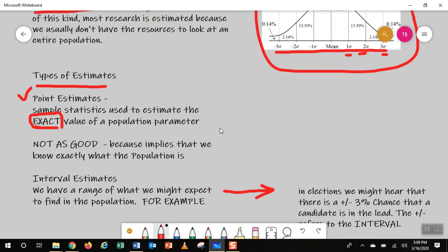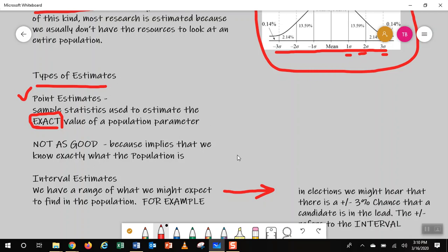So when we said a satisfaction survey for COD, we asked maybe our class, and then we could estimate that those 30 students from our class represent the overall satisfaction of COD. But if we just took that exact number and said this is it, then we're likely not going to get it exactly right, because the exact value isn't going to be the same.